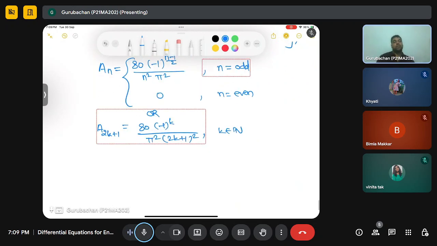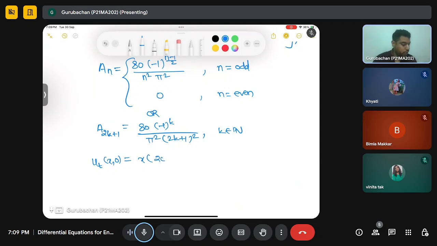Now we have to find the value of bn using the initial condition x into 20 minus x.